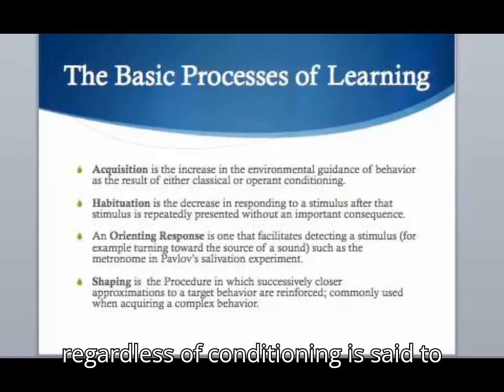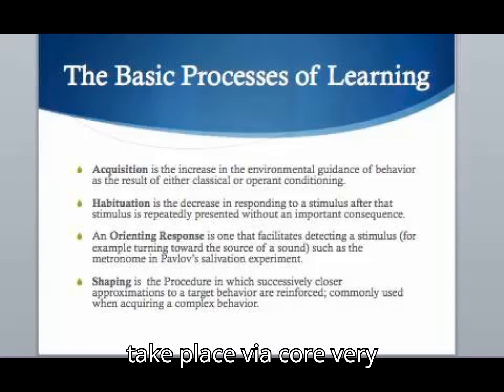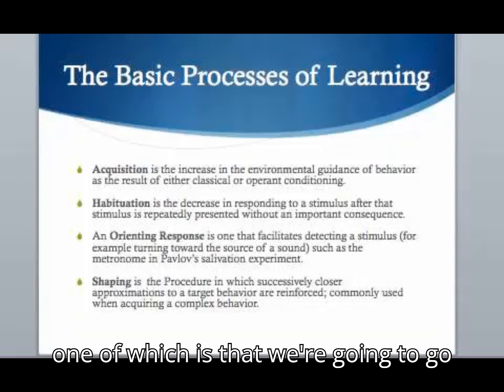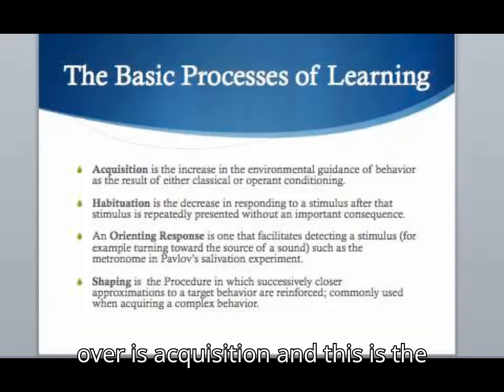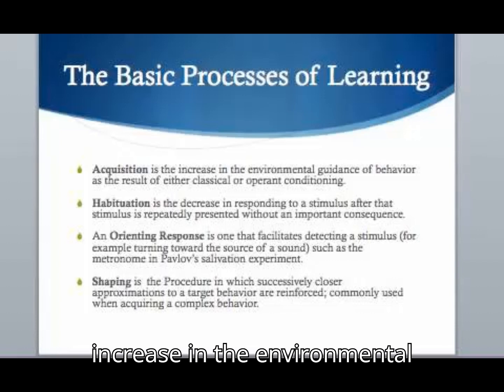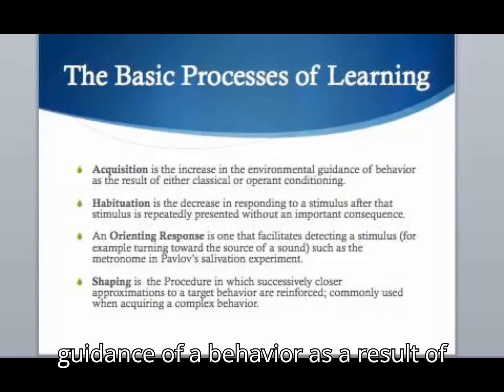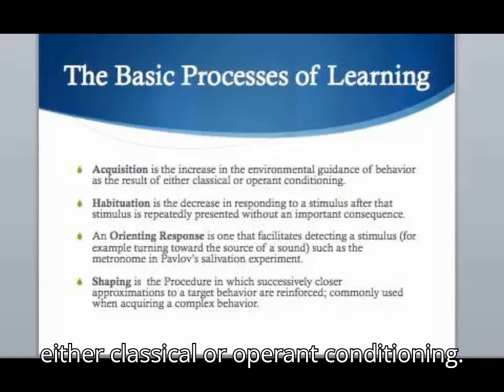How we learn, regardless of conditioning, is said to take place via core, very basic processes. The first one of which that we're going to go over is acquisition. And this is the increase in the environmental guidance of a behavior as a result of either classical or operant conditioning.